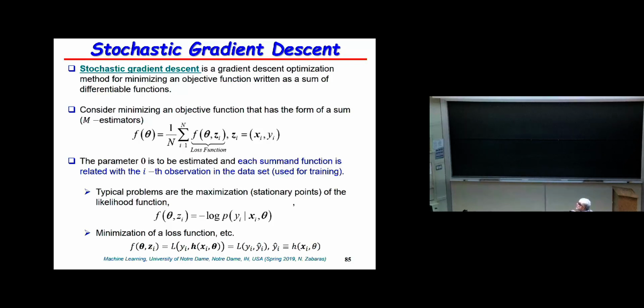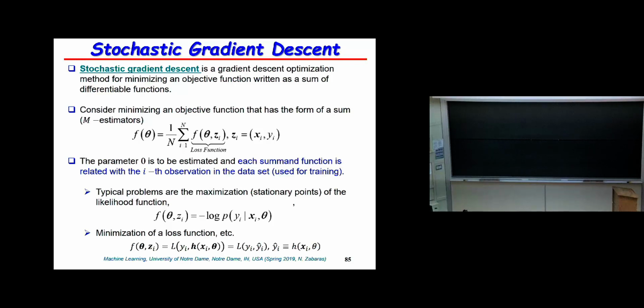So for example, here we minimize this function, so you can think that the function you want to minimize is really minus the log likelihood. We usually maximize the log likelihood, so you can think of f of theta and Ci being minus the log likelihood.